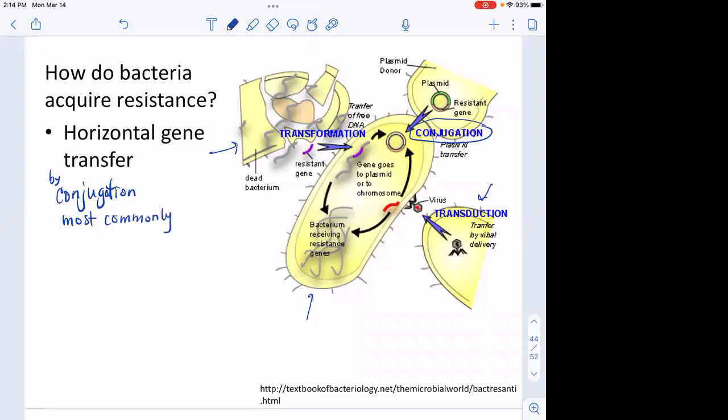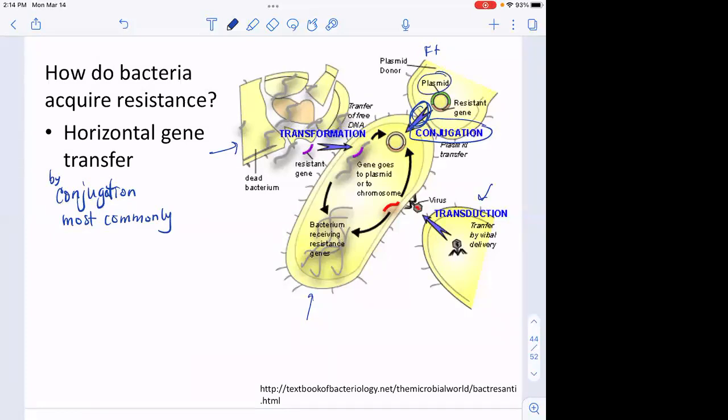So remember what conjugation is. We would have a plasmid donor that's F+, that has that fertility plasmid that enables the organism to extend a pilus to another cell, and then a pore opens up between them.